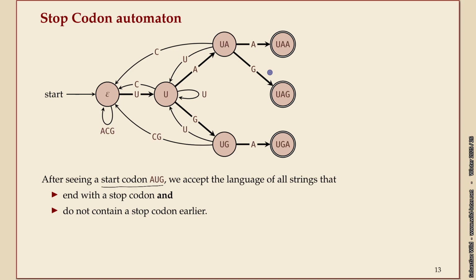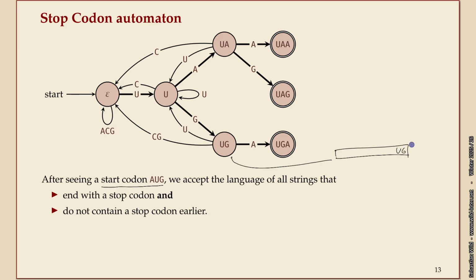And again, just to reiterate, in this case, it's relatively easy. There's only this one case. There's sometimes a state like this UG state, where, if you read a U now, so this state means we've seen some string and it ended with UG.